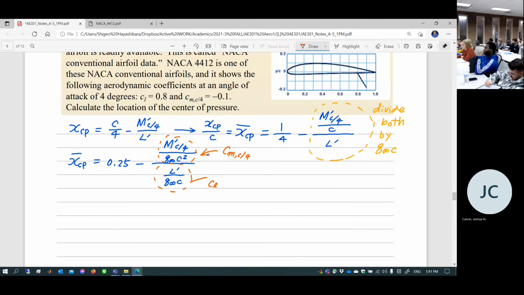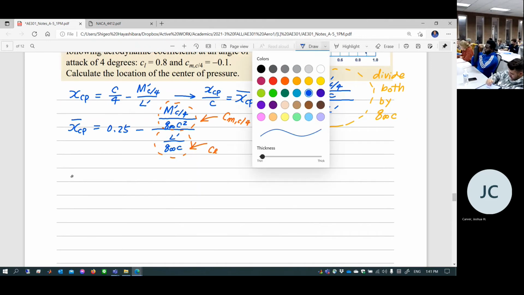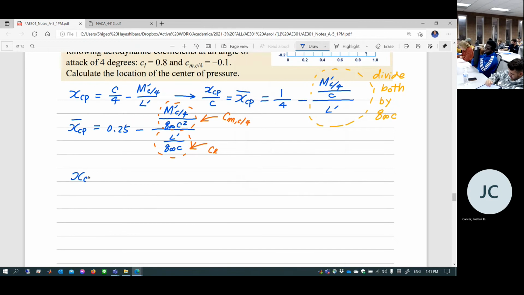That's right. As a result, you get the equation: XCP divided by C, called XCP bar, the normalized coordinate, equals 0.25 minus CM quarter chord divided by CL. Now you can plug in the data set.